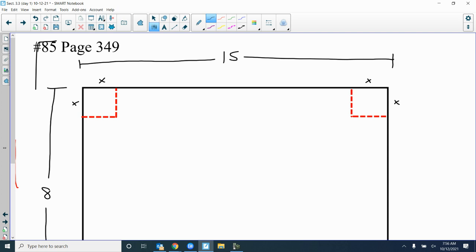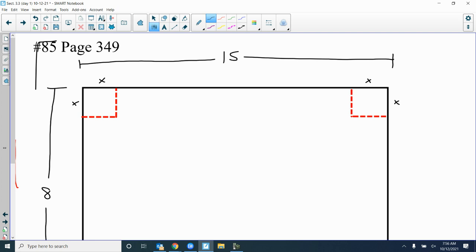How can I represent the length, the width, and the height after it's folded up? Anybody any ideas what the height will be? Luke, you want to take a stab at it? 8 minus 2x. That's not the height, but that does come into play. Then what would that be?